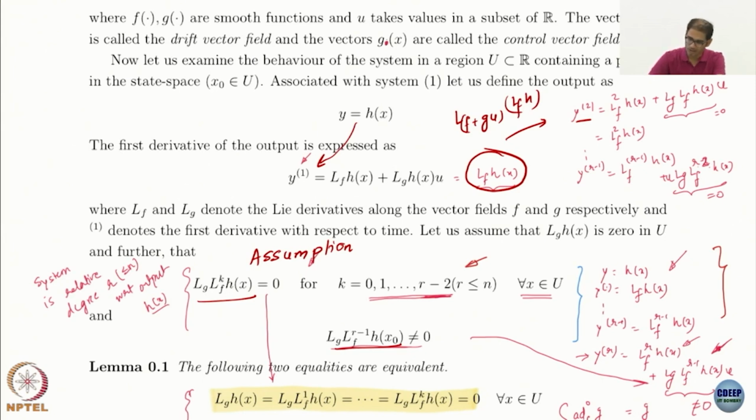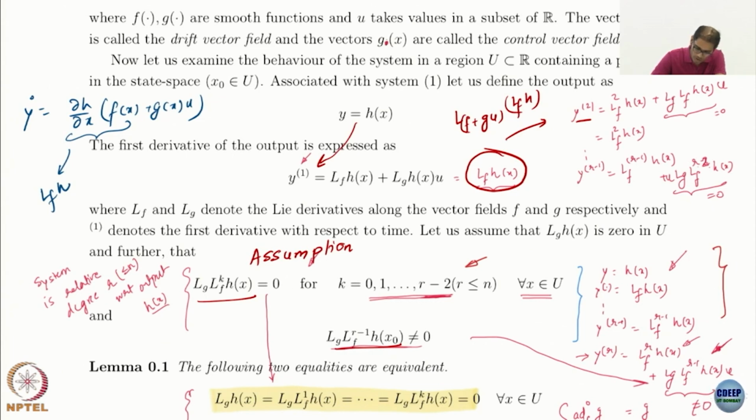So if I write it out, y dot is the partial with respect to x of h times f, and this guy is actually L_f h, the way I have defined it.